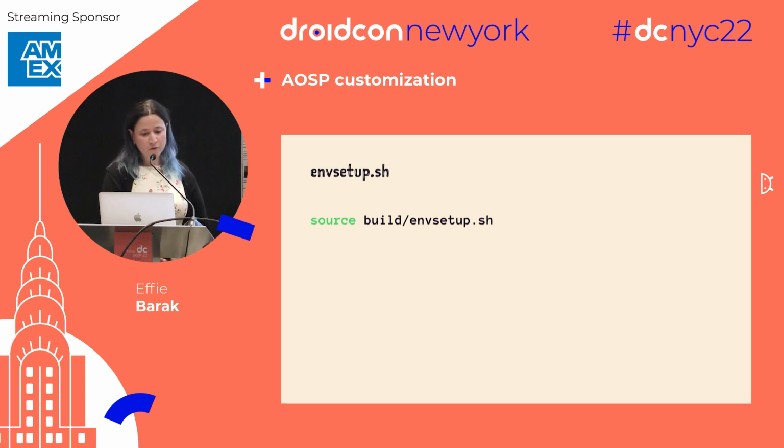The second useful command that we'll use a lot is the environment setup script. The environment setup script will activate a bunch of useful commands that we'll use throughout building and playing around with AOSP.